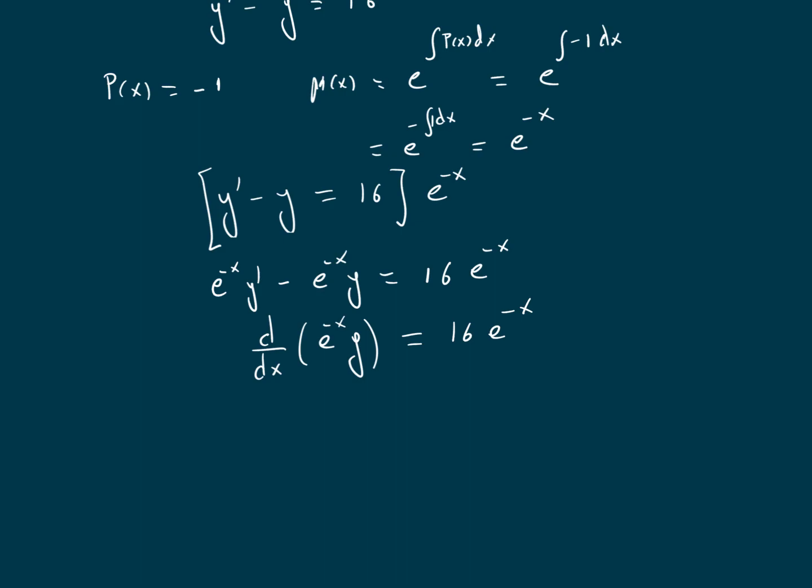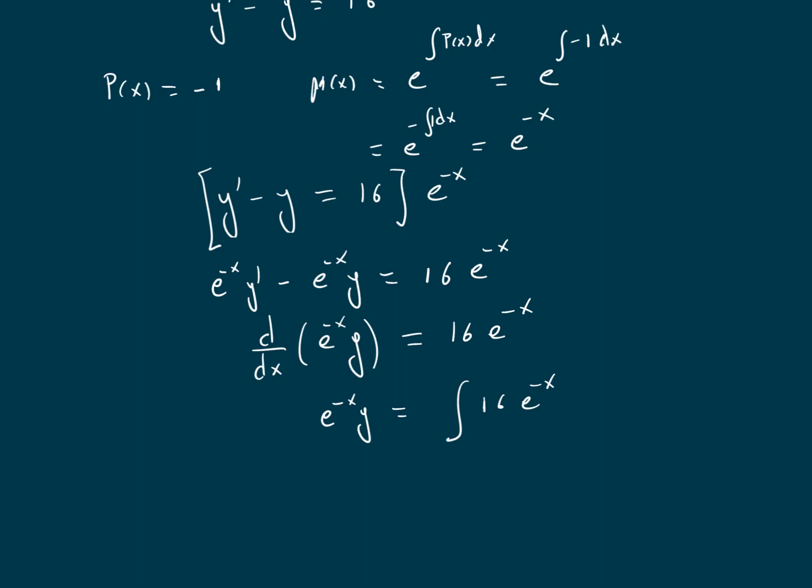Doing the integral on both sides means that the integral of the derivative will be the function. So it will be e to the minus x multiplied by y equals the integral of 16 by e to the minus x.